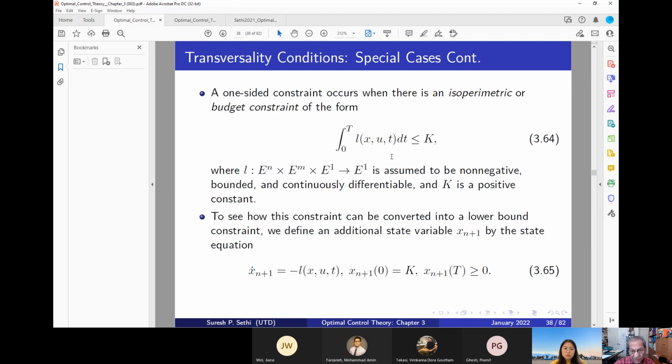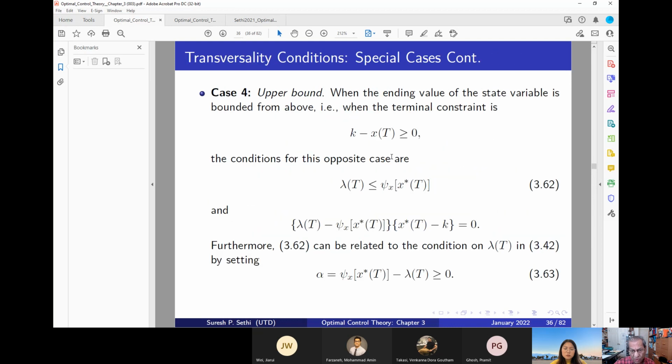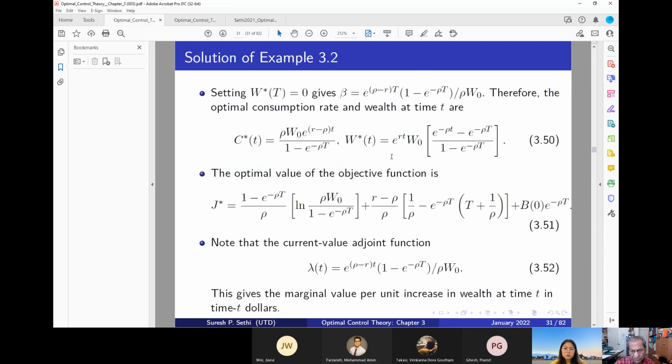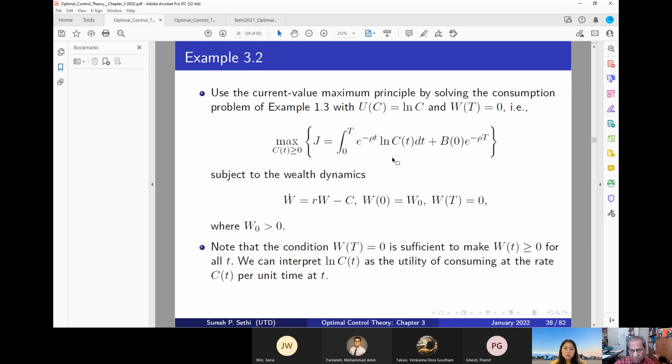Okay, so let's go to the problem where we solve this. Remember here, B0 is a constant, but we like to leave that as B0 because we are trying to connect this to the next problem, and this is the bequest.